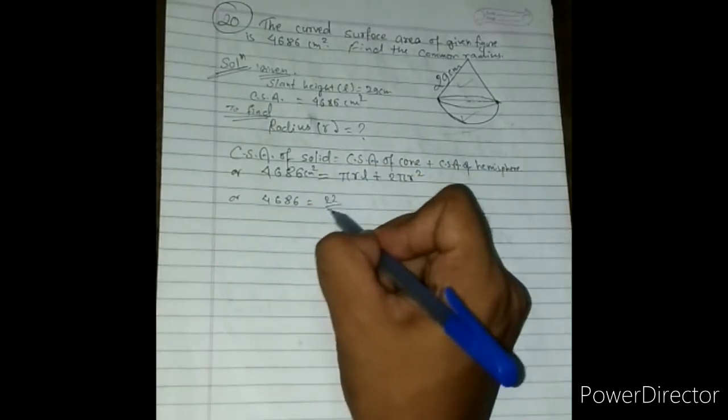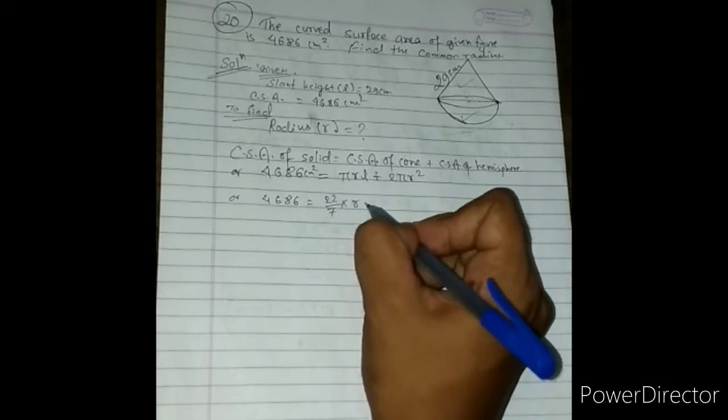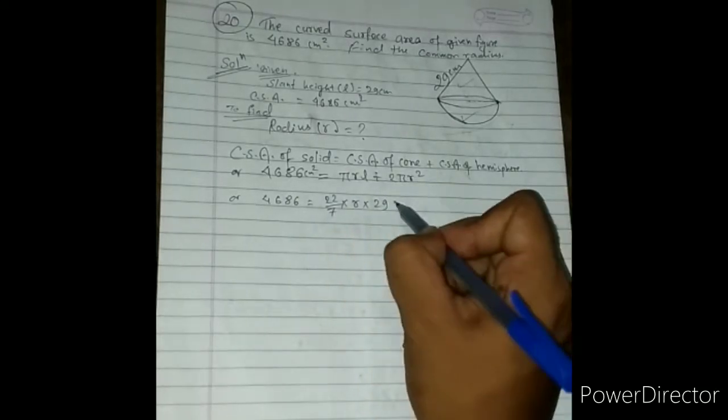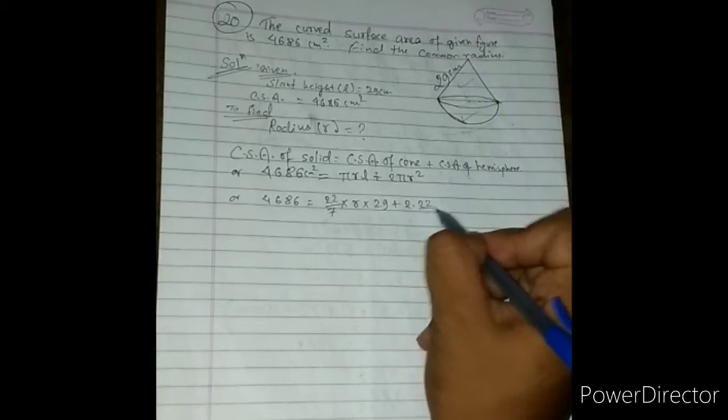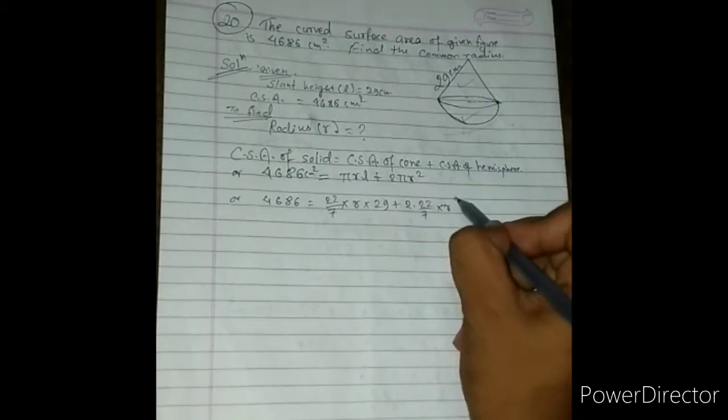Pi is 22/7, r is unknown, l is 29, so 22/7 into 29 r plus 22/7 into 2 r square, which is unknown.